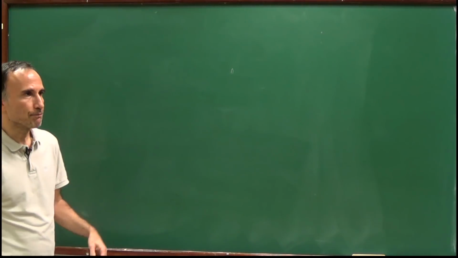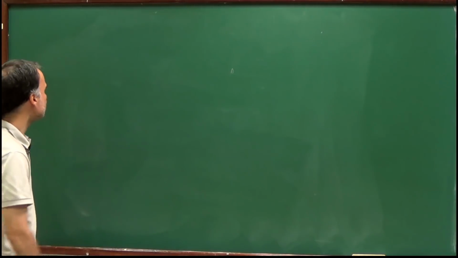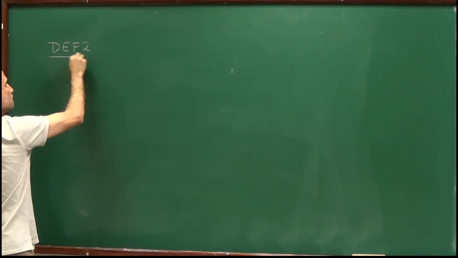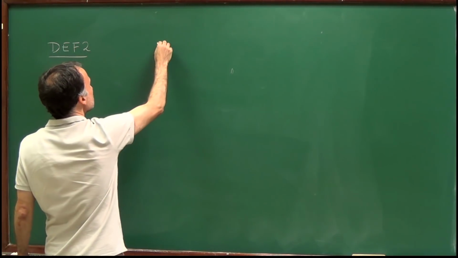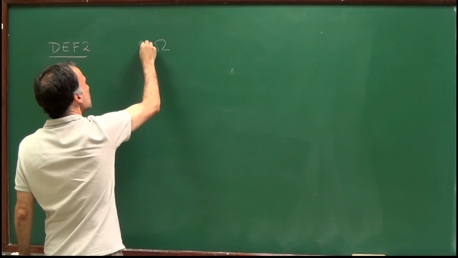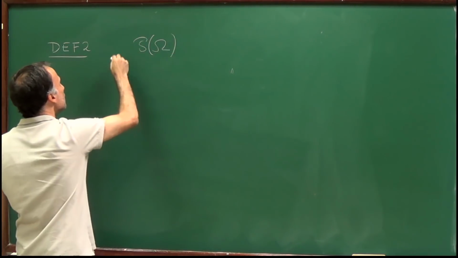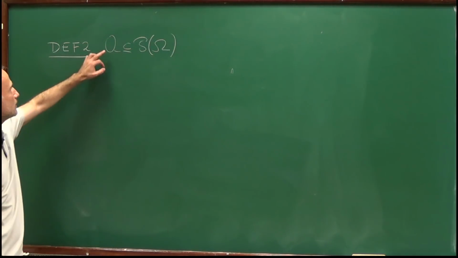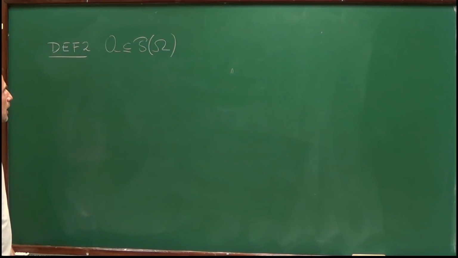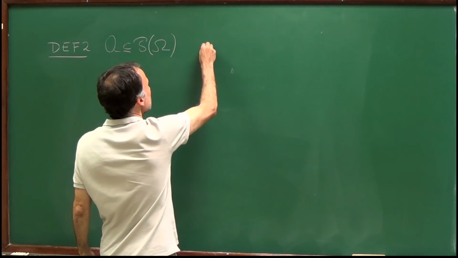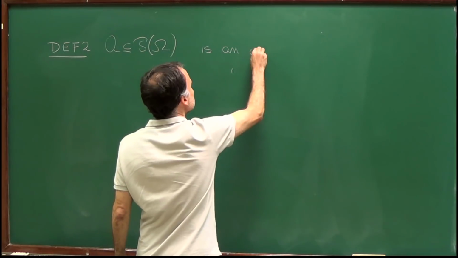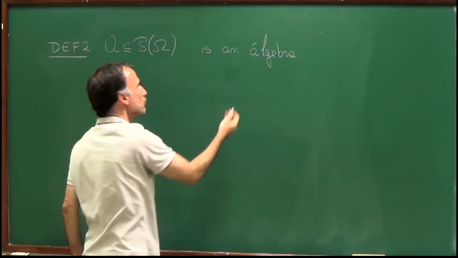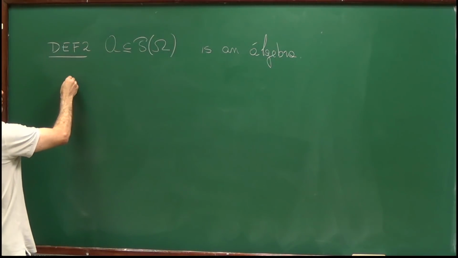So the second definition which will be important is the definition of an algebra. Again, let me take a set omega, all the subsets of omega, and let me take a class of subsets, which I will now denote by A. I will say that A is an algebra if the following properties hold.